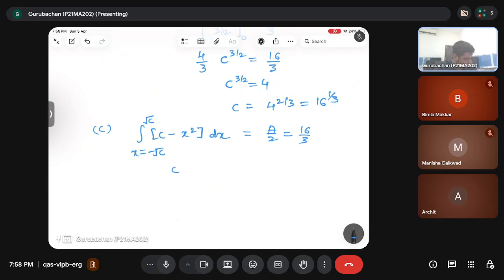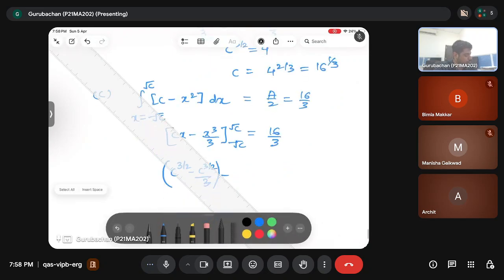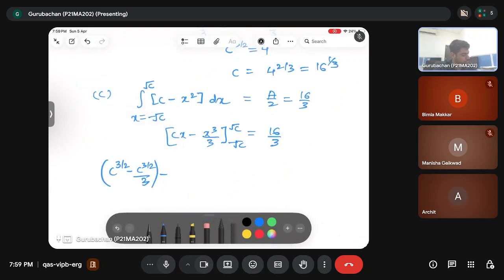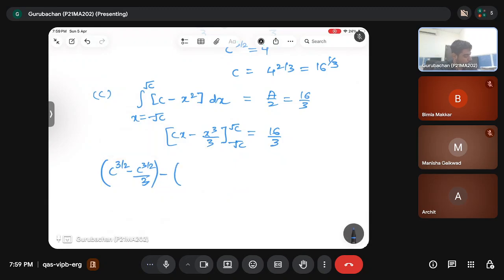So this will give you c x minus x cubed by 3, from minus under root c to under root c, is equal to 16 by 3. So the first one will be c to the power 3 by 2 minus c to the power 3 by 2 divided by 3, then minus of minus c to the power 3 by 2 plus c to the power 3 by 2 divided by 3, is equal to 16 by 3.